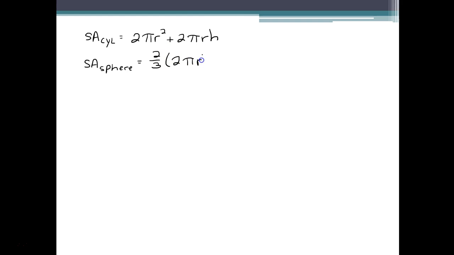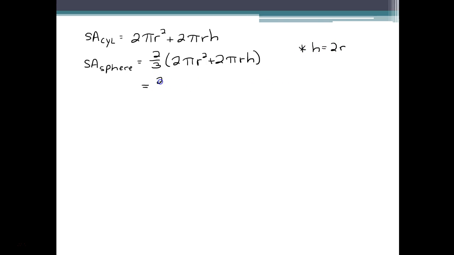Okay, and then the surface area of the cylinder is 2 pi r squared plus 2 pi rh, right? The surface area of the sphere is going to be 2/3 of that. Okay, before I go too far though, remember h is the same as 2r.